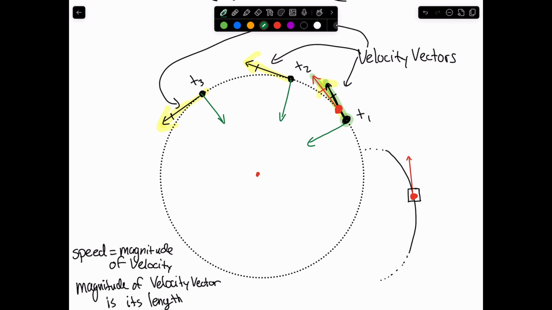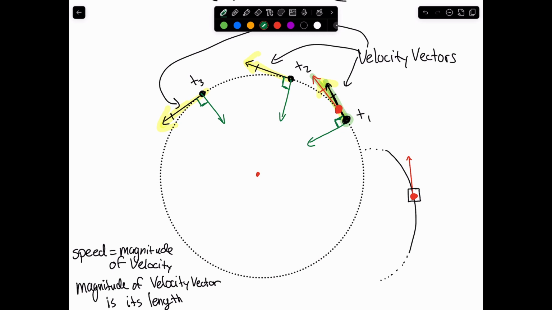Now, a couple things you're going to want to keep in mind, and these are all important to a degree. Hopefully you're noticing that the velocity and the acceleration vectors are perpendicular, meaning there's a right angle in between the velocity vectors and the acceleration vectors, and hopefully that makes sense.